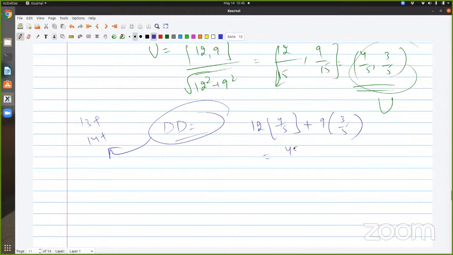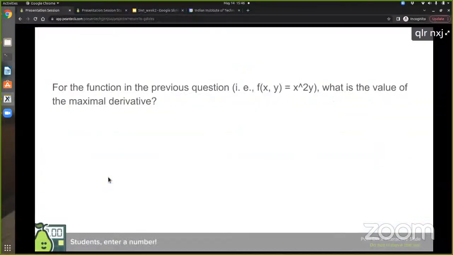This is 48 upon 5 plus 27 upon 5, which is 75 upon 5, that is 15. So this is the maximum rate of change of the function. You see, this is more than whatever you were getting at other points. I hope that is clear. Now let's move on to the next question.